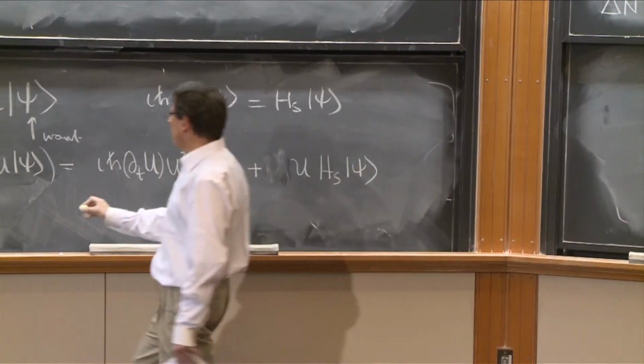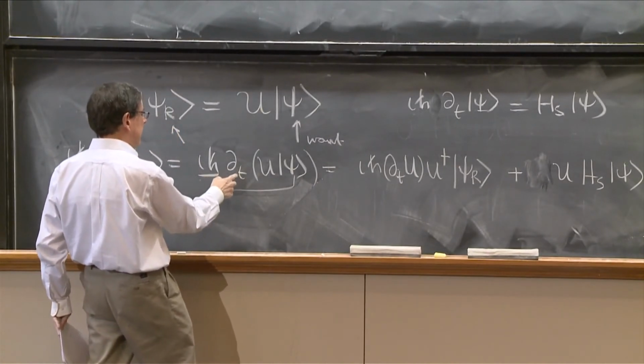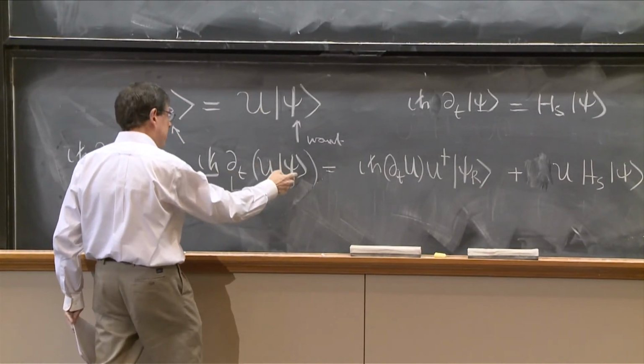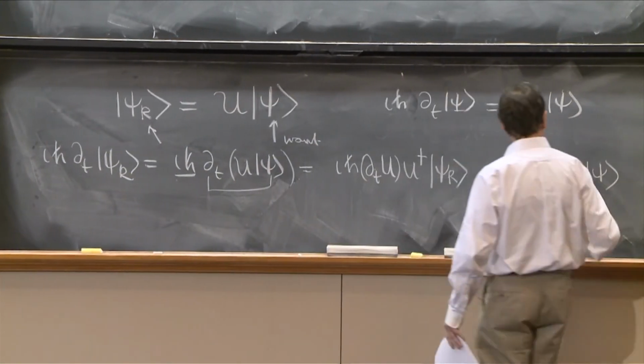So the second term, when I act with the whole thing, i h bar d/dt on psi, the U is out, and I put Hs psi.